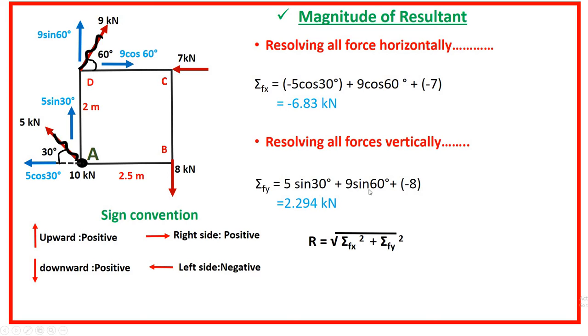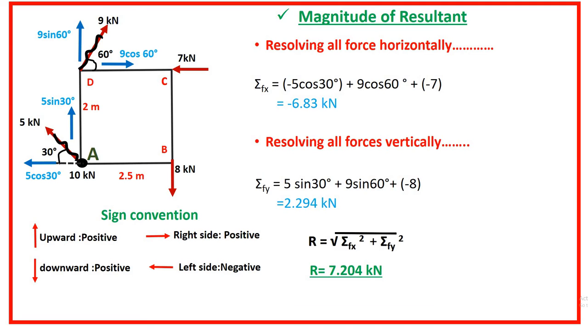So 5 sin 30 plus 9 sin 60 minus 8, right? So it is 2.294 kilonewton. Now the resultant is the square root of sigma Fx square plus sigma Fy square, and the answer is 7.2 kilonewton, right? Hope you get how we have determined the magnitude of the resultant, right?